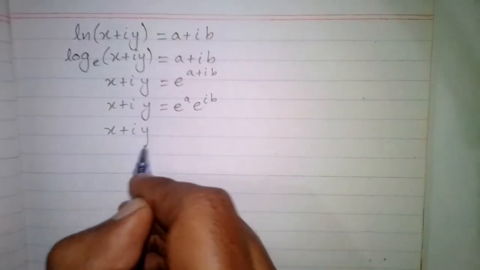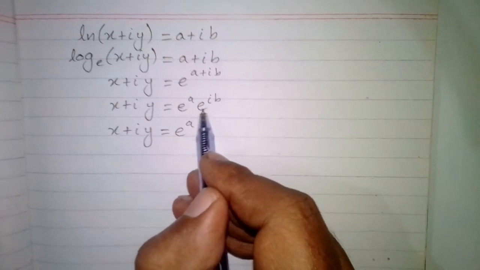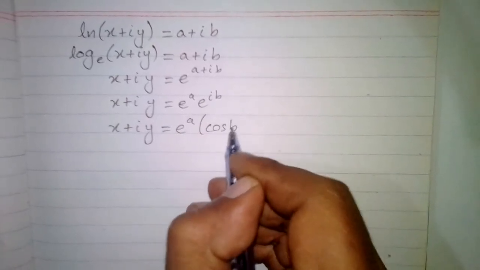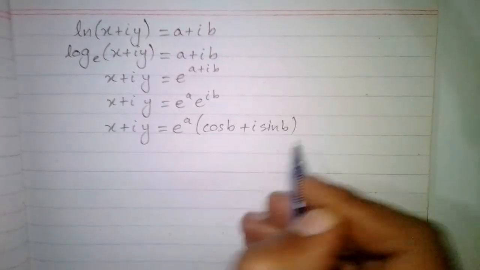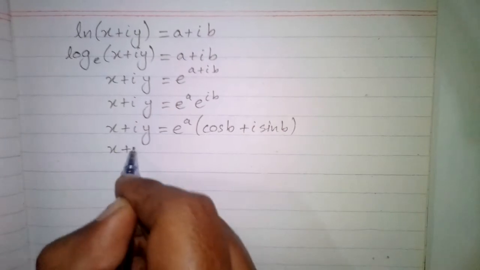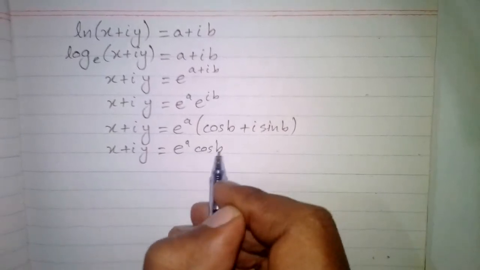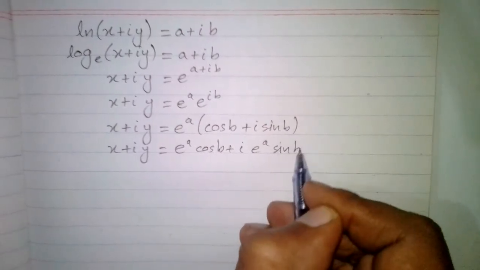And we know that e to the power iota b is equal to cos b plus iota sin b. So x plus iota y is equal to e to the power a cos b plus iota e to the power a sin b.